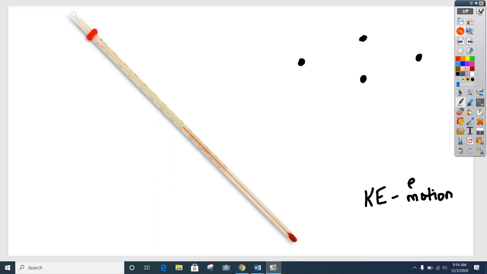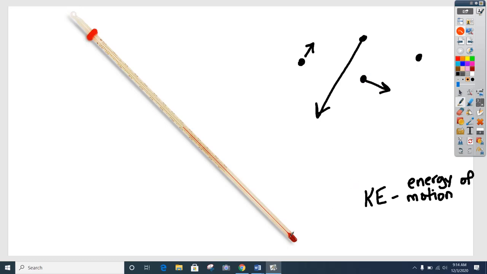Kinetic energy is your energy of motion, or energy associated with movement. Now, these molecules will have different amounts of energy. Some of them will have less energy, and therefore they will be moving slower. Some of them will have a lot of energy on the high end, and they'll be moving much faster. Some of them will have a median amount of energy.